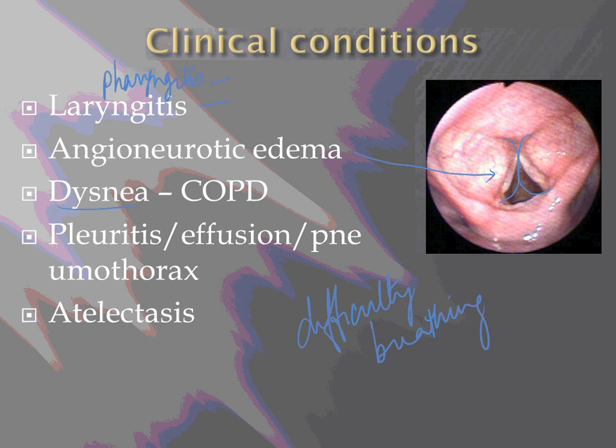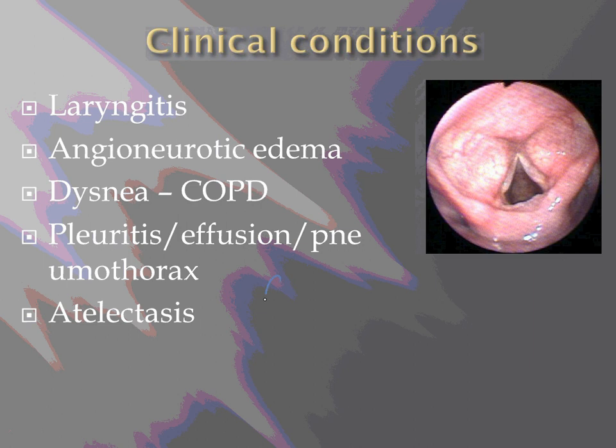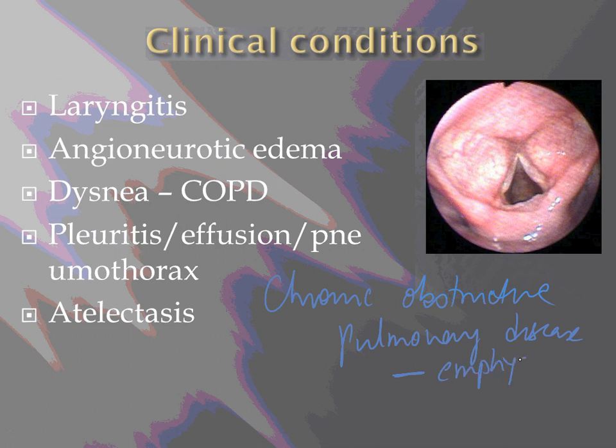And one of the common causes of dyspnea is something known as chronic obstructive pulmonary disease. COPD stands for chronic obstructive pulmonary disease. And two conditions which fall under it are emphysema and another one called chronic bronchitis.